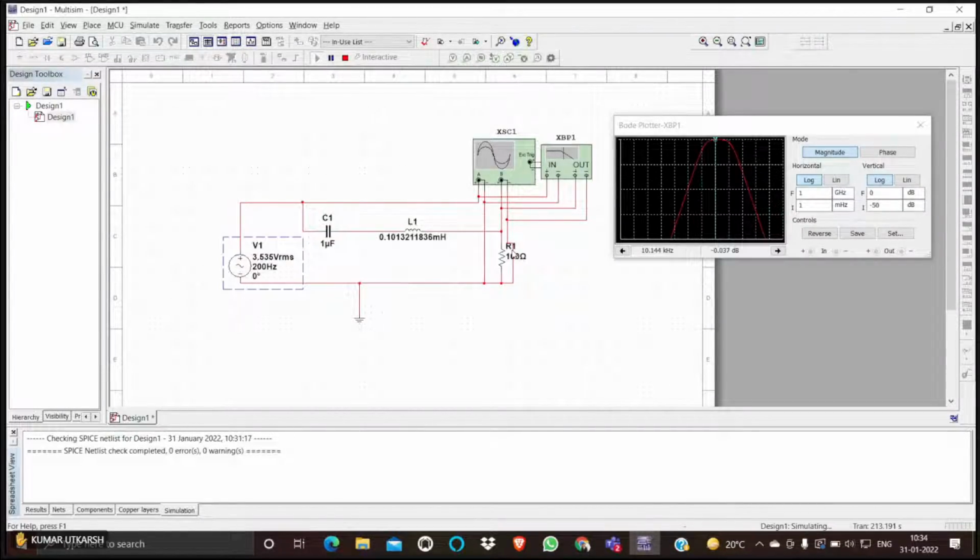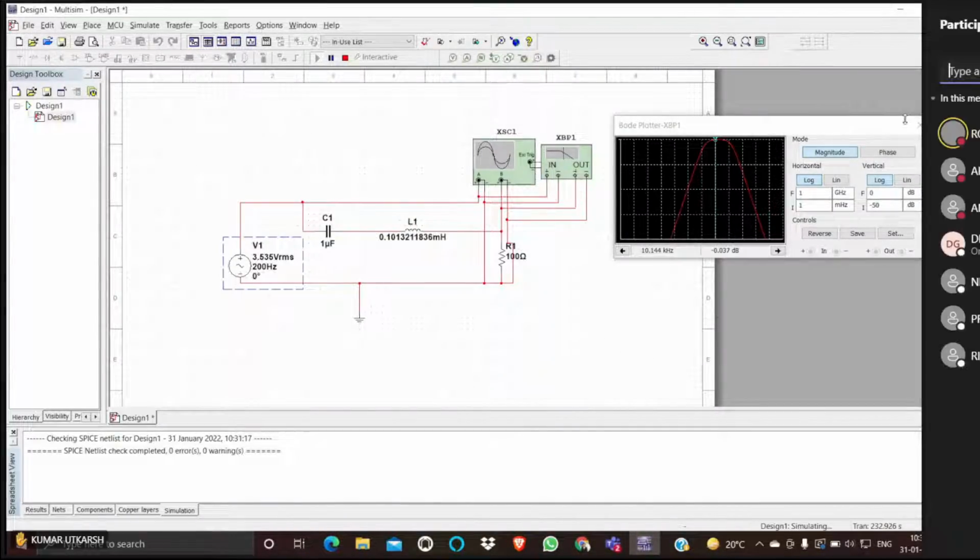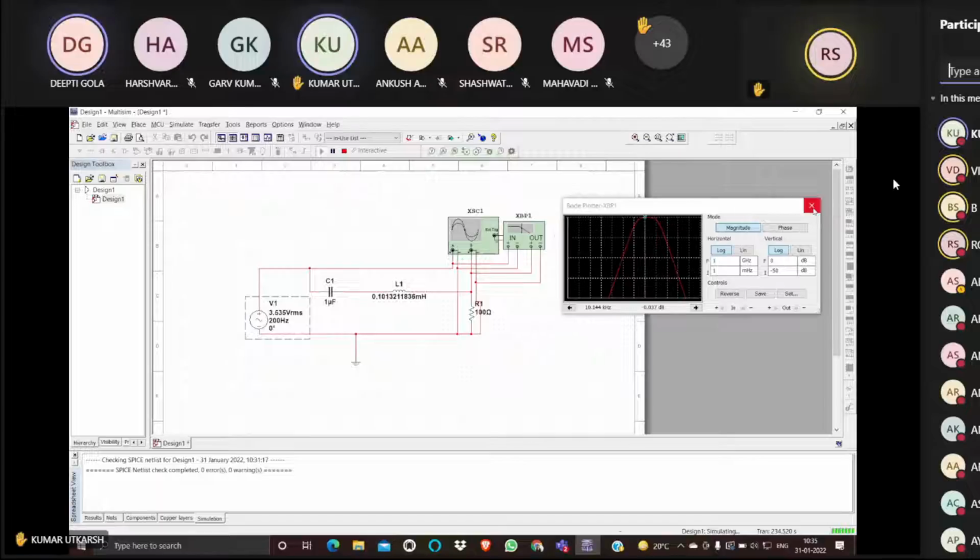If you have assumed the value of C as 1 microfarad, then calculate L, or if you have assumed the inductor value as 1 Henry, then calculate the value of C. This is how you have to design it. Okay, ma'am. Give me 2 minutes. Yes, ma'am.